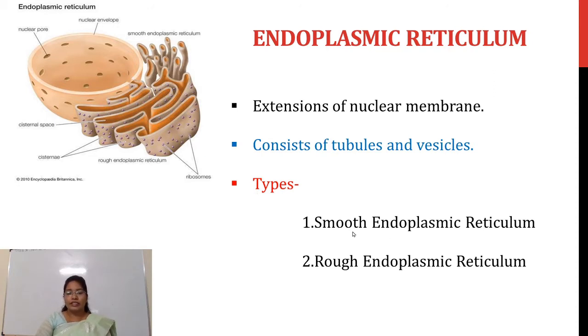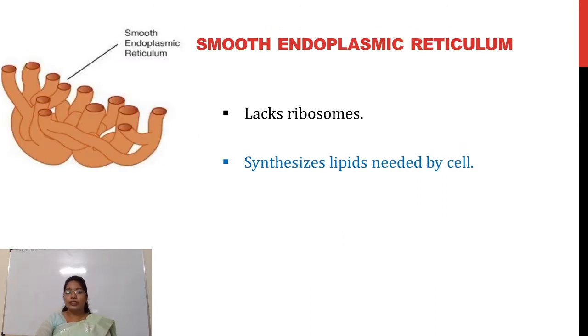The first one is smooth endoplasmic reticulum, and the second is rough endoplasmic reticulum. First we will see the smooth endoplasmic reticulum.